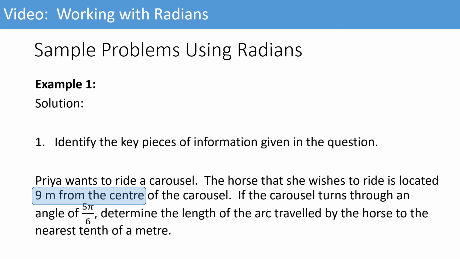That provides us with the measure of the radius. If the carousel turns through an angle of 5 pi over 6, another clue because it's giving us the angle. Determine the length of the arc, another clue, because that tells us what we are going to look for or calculate, traveled by the horse to the nearest tenth of a meter.